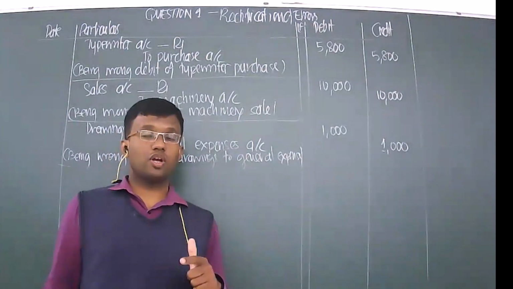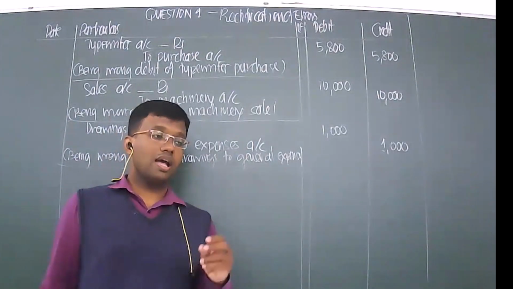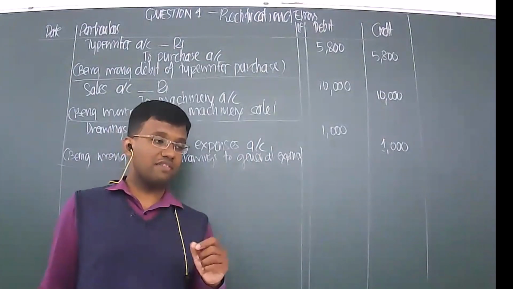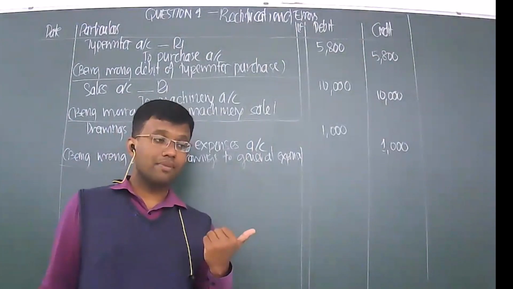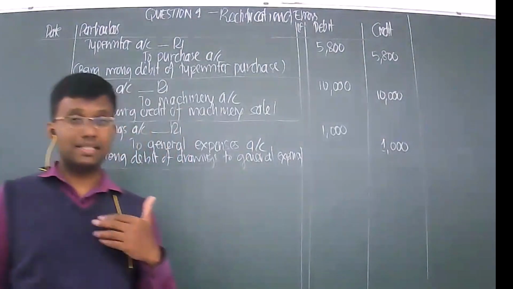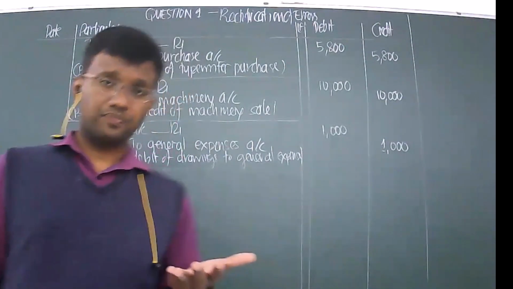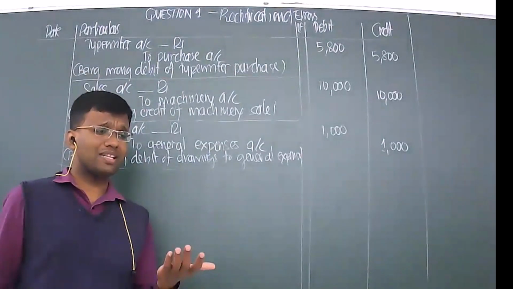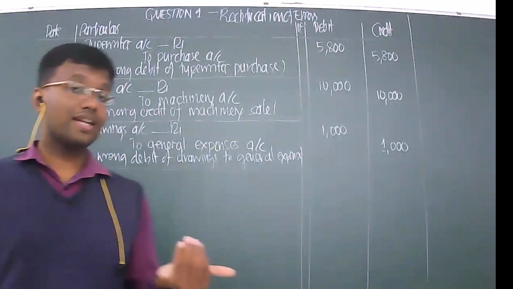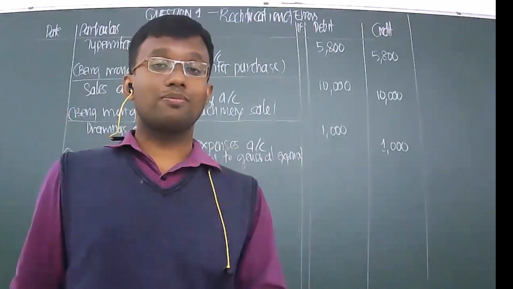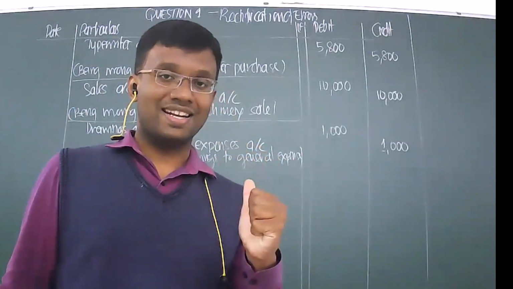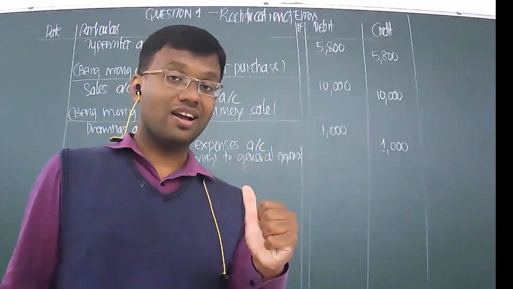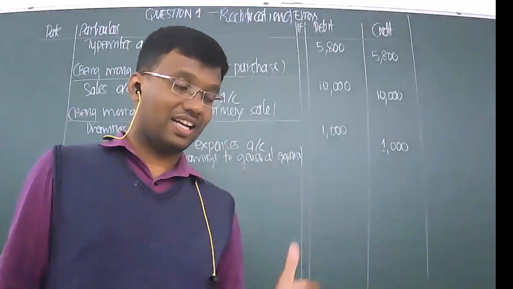Both Sharma and Varma are personal in nature, and the golden rule is debit the receiver, credit the giver. Here you have received some amount from Sharma, so Sharma is the giver. Sharma's account should have been credited. But instead of crediting Sharma's account, you have credited Varma's account. So Sharma's account is under credited.